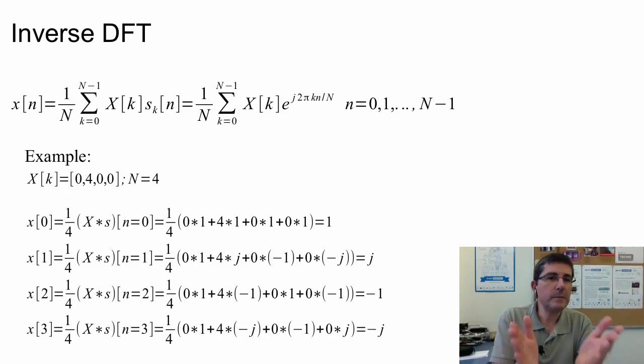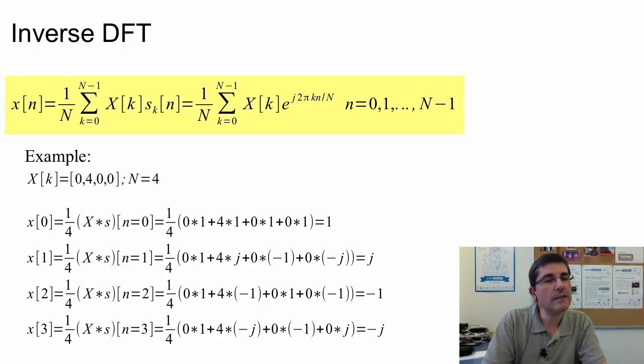So one of the great properties of the DFT is that it's invertible, which means that we can get back the original signal from its spectrum. This is the equation of the inverse DFT, in which our input signal now is the spectrum, capital X of k. And then we do an operation similar to the DFT.